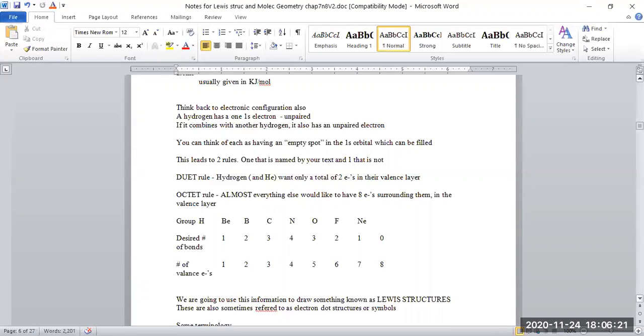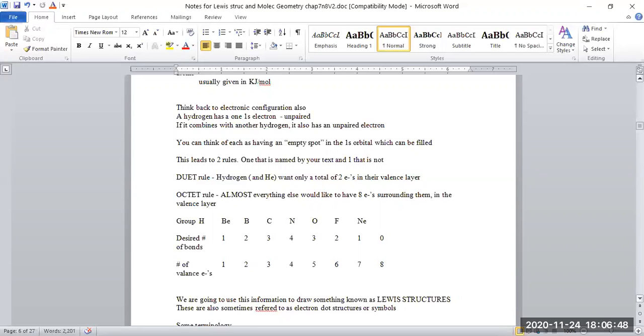Now think about that for a moment. They're both super crazy tiny. They only have a valence layer. And helium has 2 electrons of its own. One of the reasons that I put helium in parentheses there is, even though helium obeys the duet rule, you're never going to see helium trying to bond to another atom because it's happy.